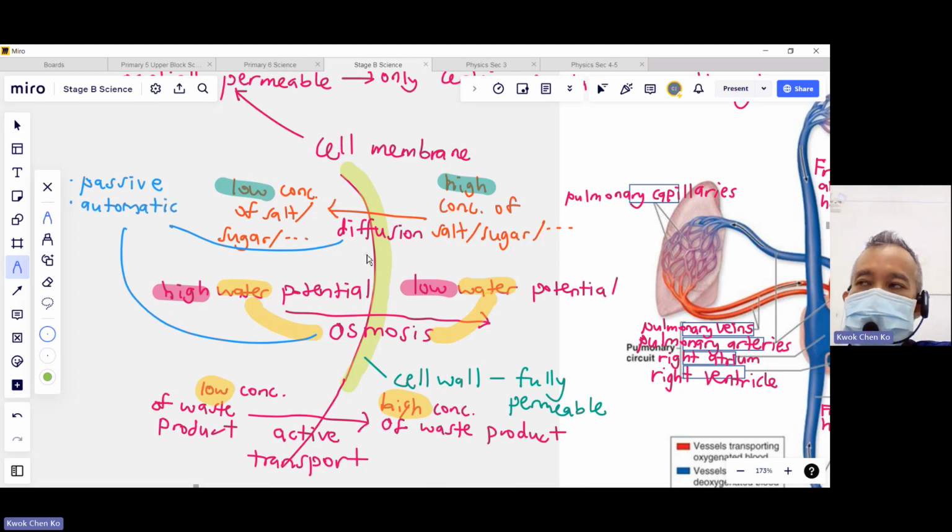As long as you have a difference in concentration, high, low, these two, diffusion and osmosis, will just occur. In other words, you do not need to supply energy from the cell. No energy is needed from the cell.